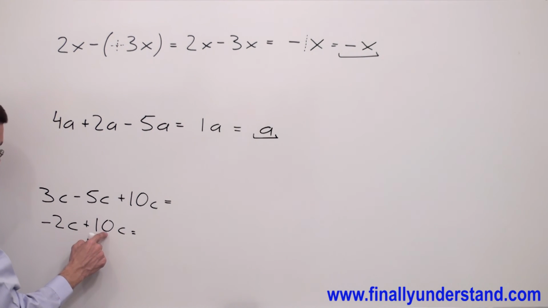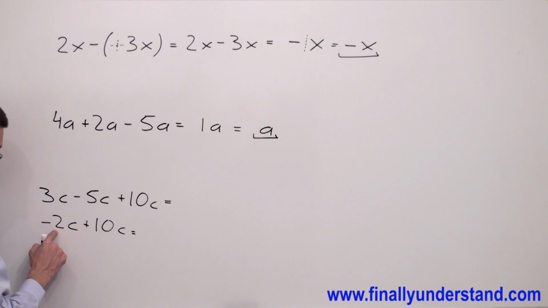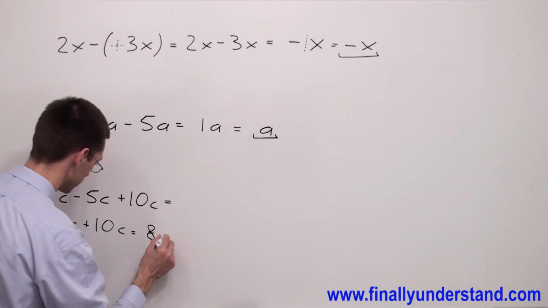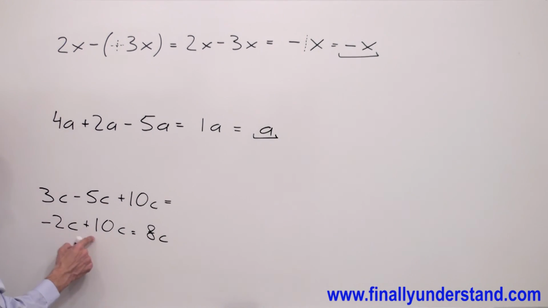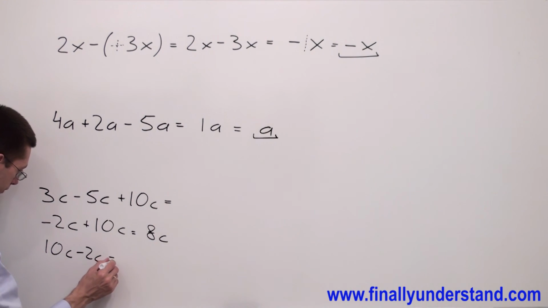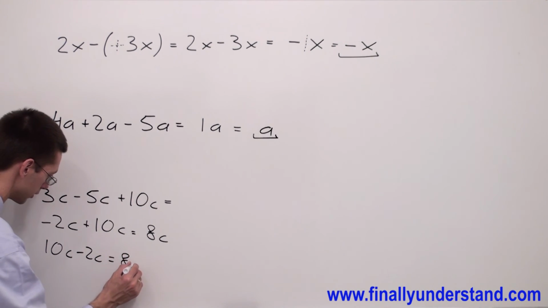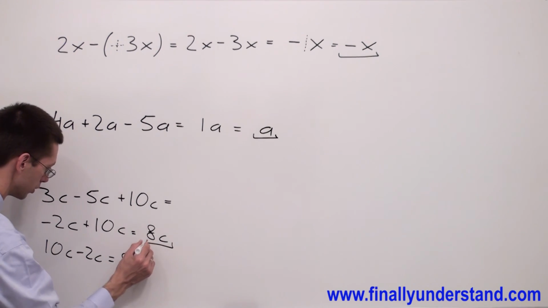I have 10 minus 2 is 8, and I'm supposed to keep the sign which is next to the larger number. So in this case, it's going to be 8c. In other words, you can write this problem as 10c minus 2c. Okay, so I have 10 minus 2 is 8c. So this is the solution to my problem.